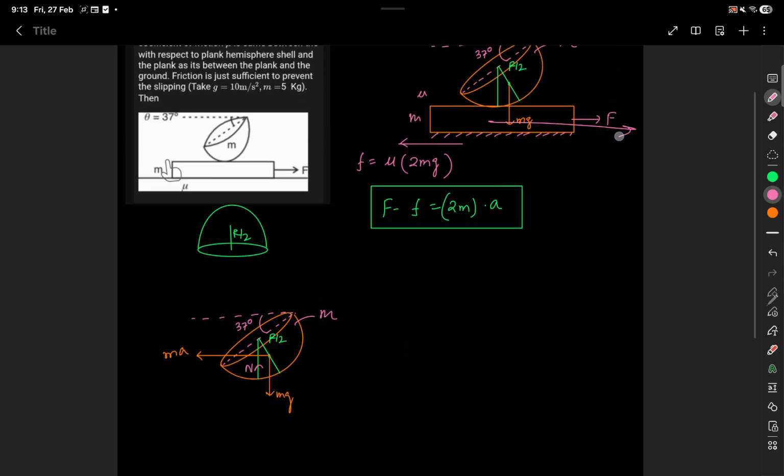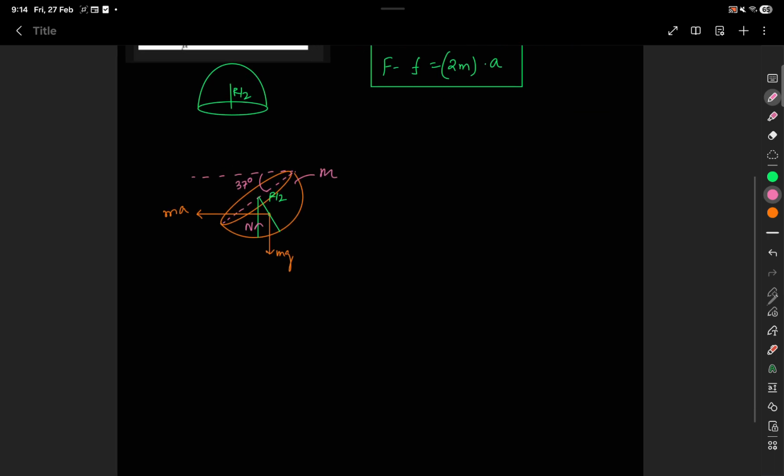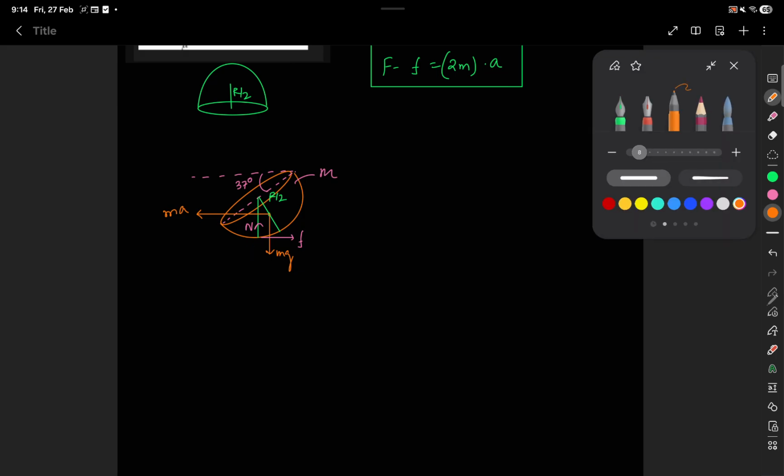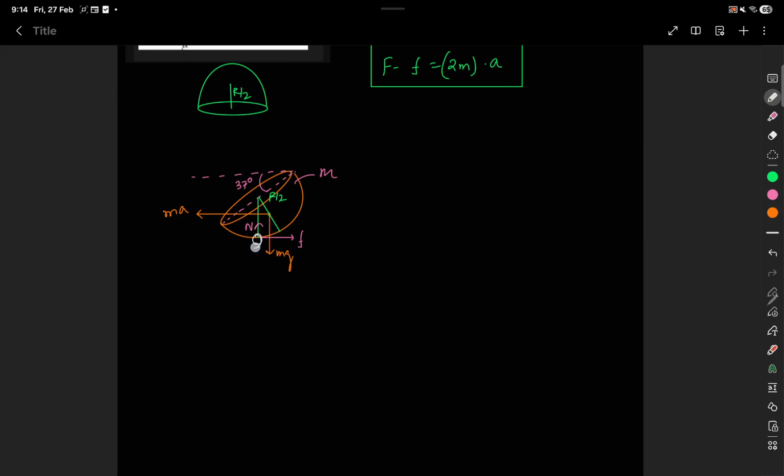As this is moving this way, the friction on the plank at the upper surface will be along this direction, and the friction on the hemisphere will be along this direction. So this will be the scenario. Now, as there is no slipping, just apply torque equilibrium about this position.